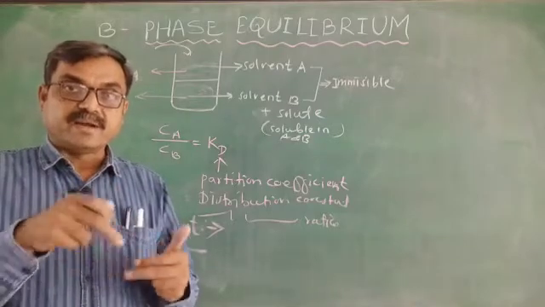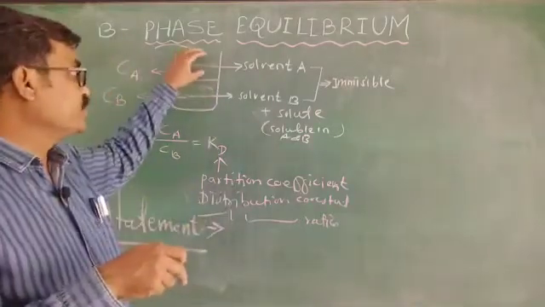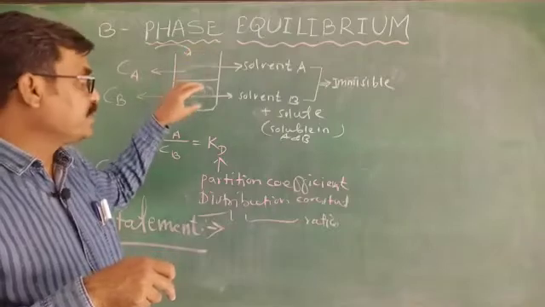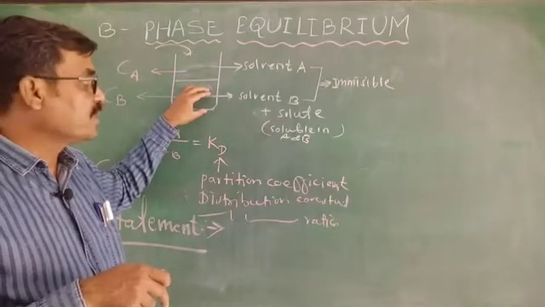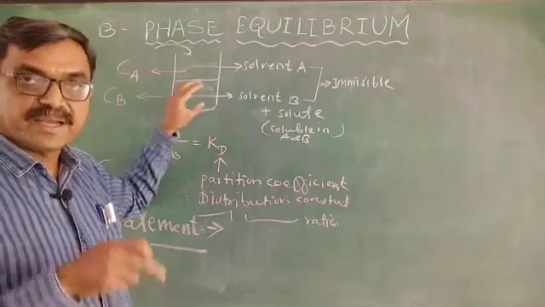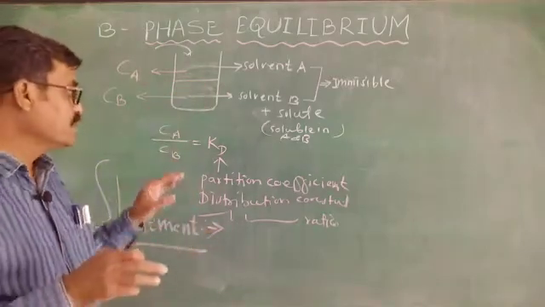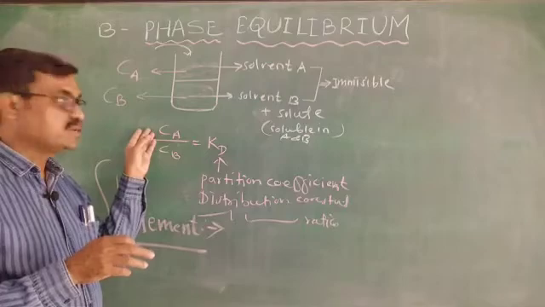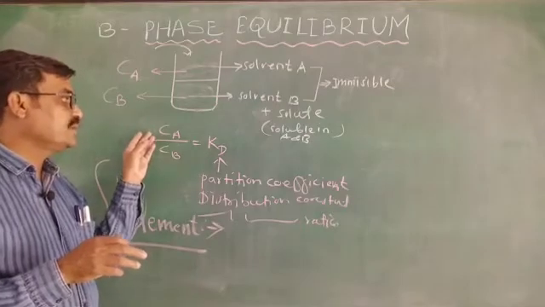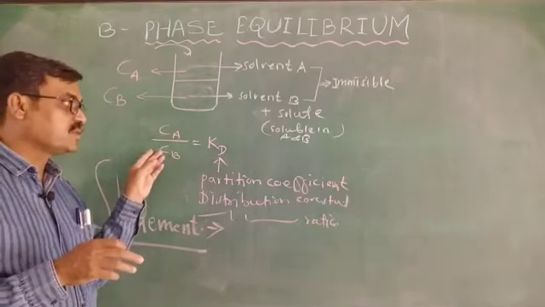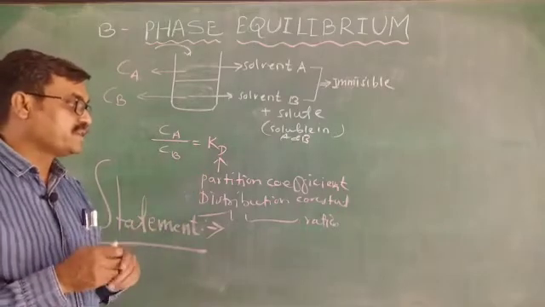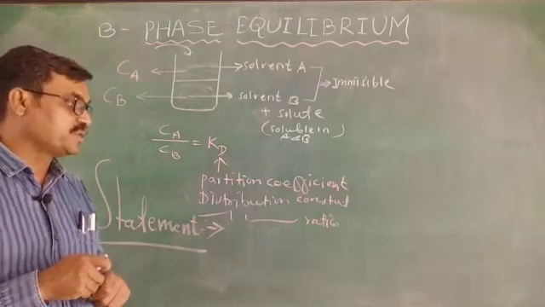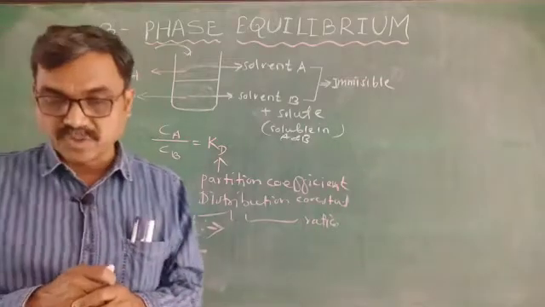When it is added and allowed to stir, some part gets distributed or dissolved into A, and some part of that solute gets dissolved into the lower solvent, solvent B. Then according to Nernst, the concentration of solute in the first solvent to the concentration in the second solvent is constant, and this constant Kd is called the partition coefficient, distribution coefficient, or distribution ratio.